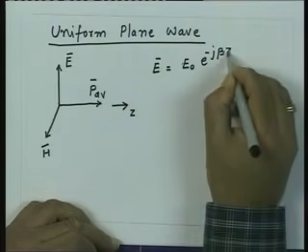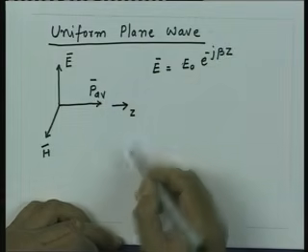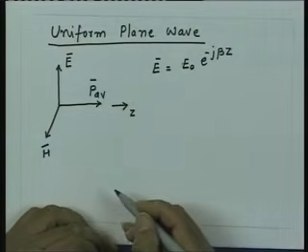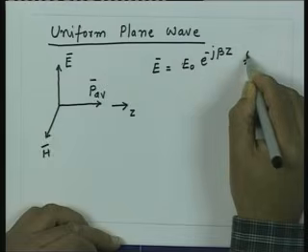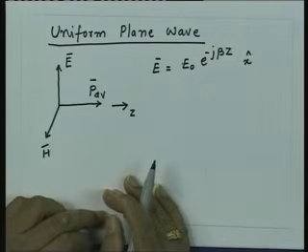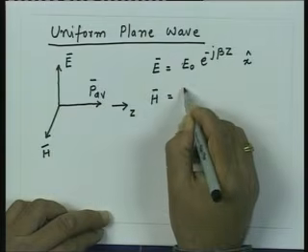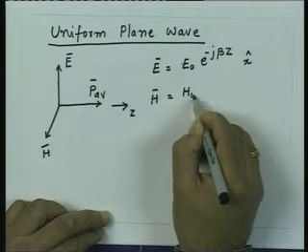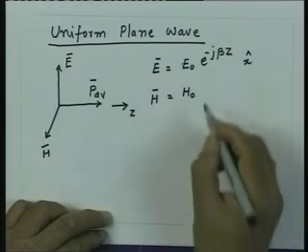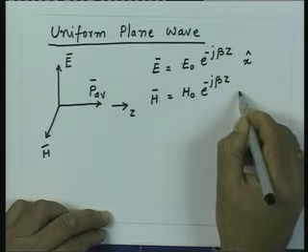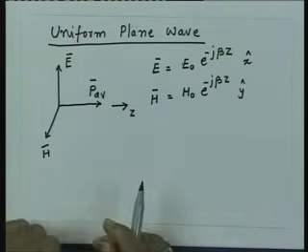So, e to the power minus j beta z, and E could be oriented, let us say, in x direction. Then the magnetic field H will be oriented in y direction. So, it has a magnitude H0, phase minus j beta z, and its orientation is the y direction.